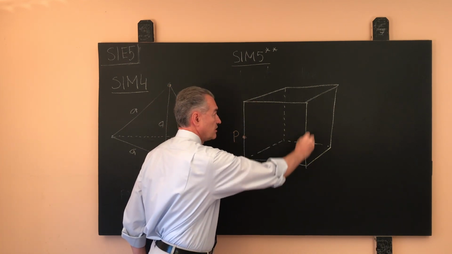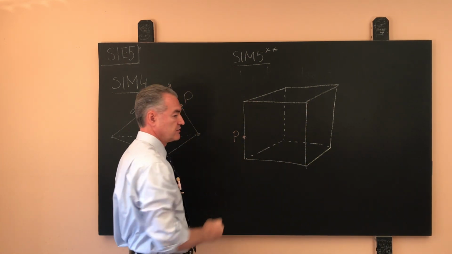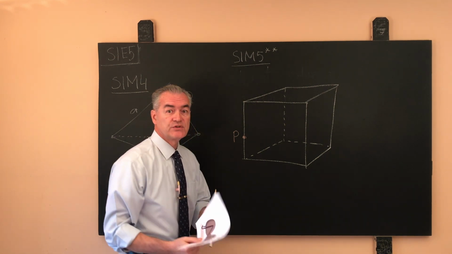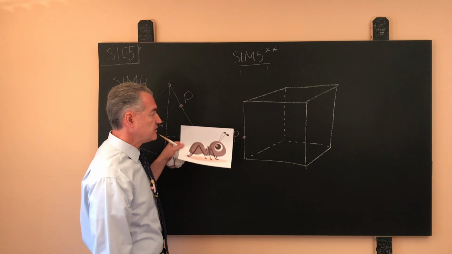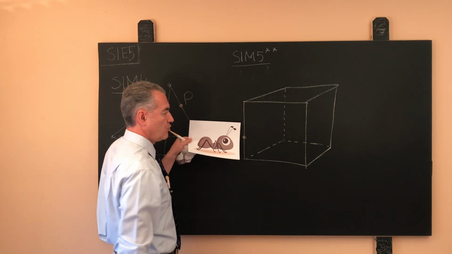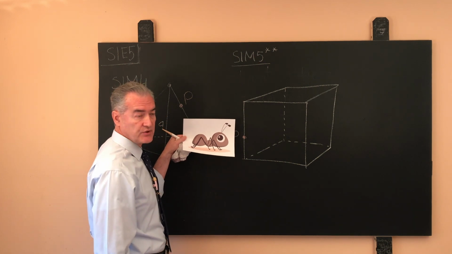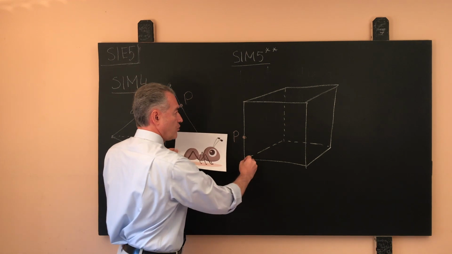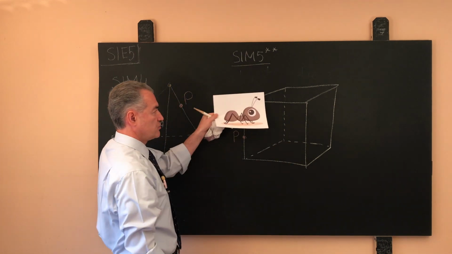This diagonal and this diagonal. Consequently, our friendly and inquisitive ant can begin its journey going over the facade or the front face of the cube parallel to this diagonal this way or this diagonal this way.